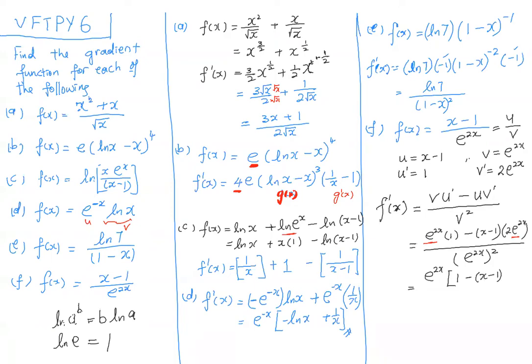That's why brackets are very important for this one. Times 2. Close. Since the bottom here has e to the power of 2x squared, I can write it as e to the power of 2x times e to the power of 2x to make my simplification easier.